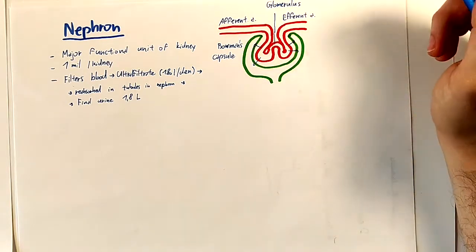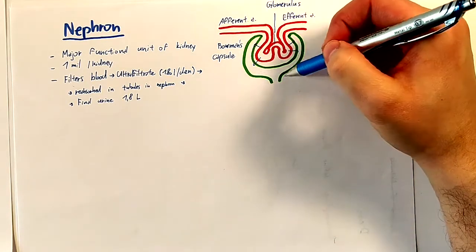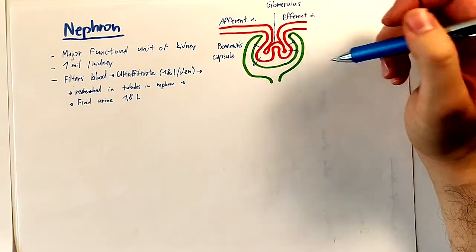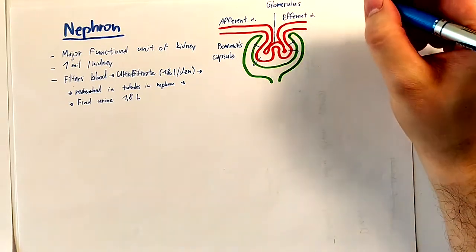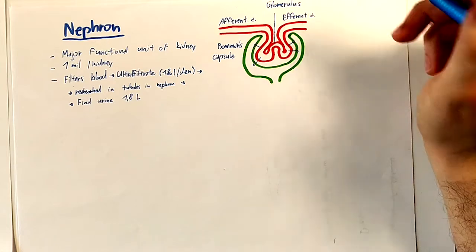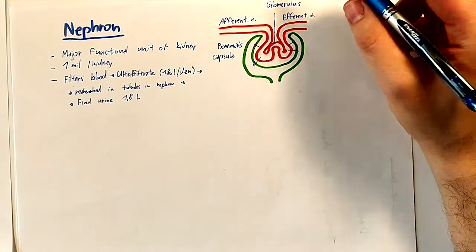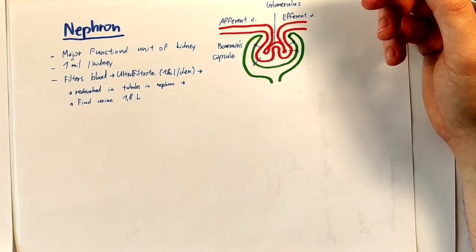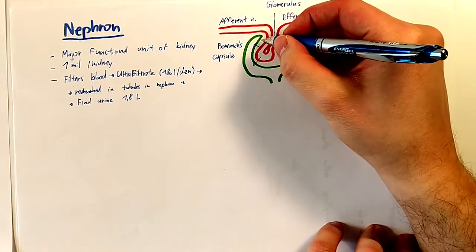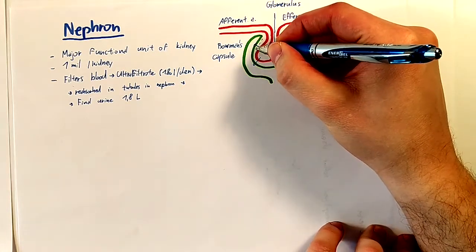So for example, albumins, immunoglobulins, they do not pass through into the Bowman's capsule. Only substances like water, ions, amino acids, glucose, bicarbonate do. They are small enough so they can pass through that filtration barrier.